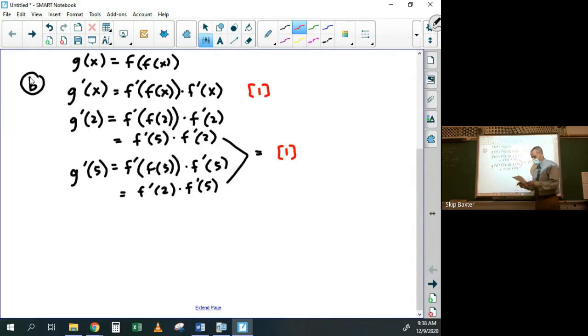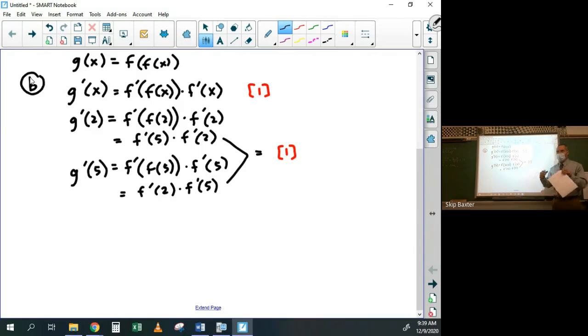The third part of this question says, use this result to explain why there must be a value between 2 and 5 such that G double prime of K equals 0. This is actually the mean value theorem also, but instead of using the basic function as being F like they did in part A, they're using the basic function as being G prime.